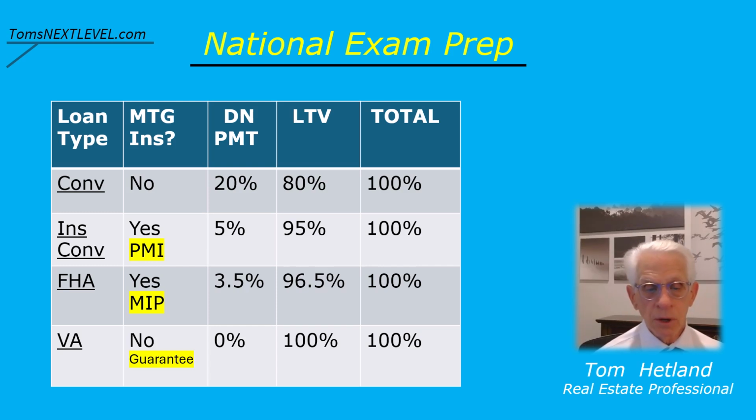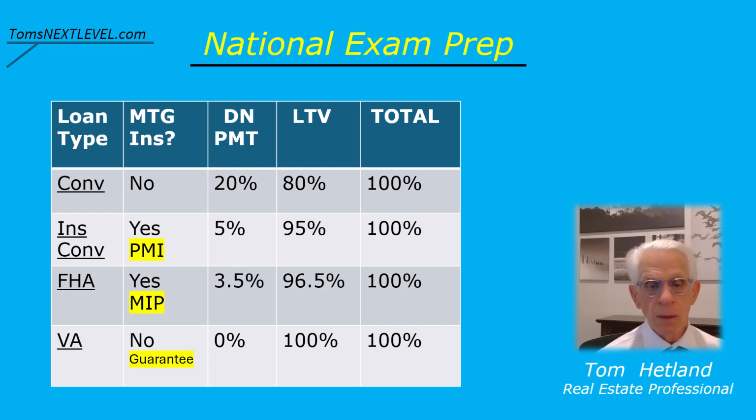4 different types of loans down the left-hand column: conventional loan, an insured conventional, an FHA loan, and a VA loan. So the second column says, is there any mortgage insurance on any one of these loans? Well, with a conventional loan, there is no mortgage insurance. Why? Keep reading across the top.